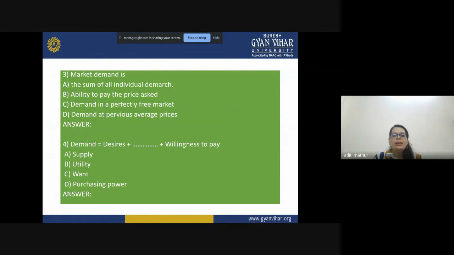Question number 3 and question number 4. In question number 4, you have to identify one of the three elements which all together help you to call something a demand. I have given you two elements. You have to identify the third missing element.